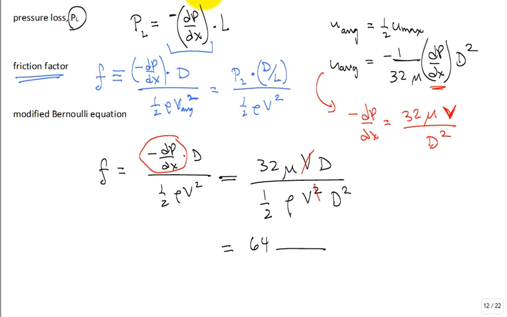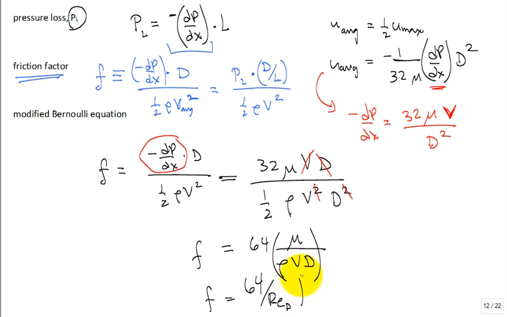I cancel one of the d's. Is that good? Are you with me? All right. So we get rho vd over mu. That's unitless, and so the friction factor is 64 divided by the Reynolds number based on the diameter.